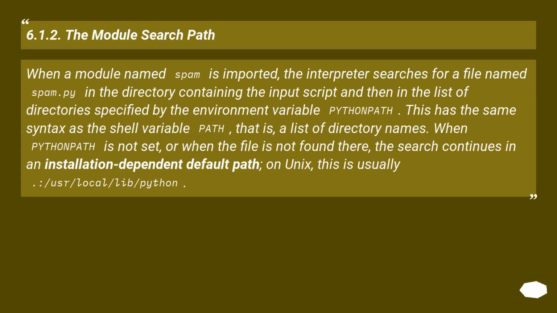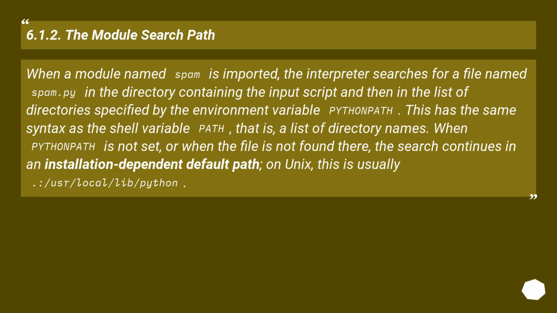Note the mention of an installation-dependent default in the following. 6.1.2, The Module Search Path. When a module named spam is imported, the interpreter searches for a file named spam.py in the directory containing the input script and then in the list of directories specified by the environment variable PYTHONPATH.